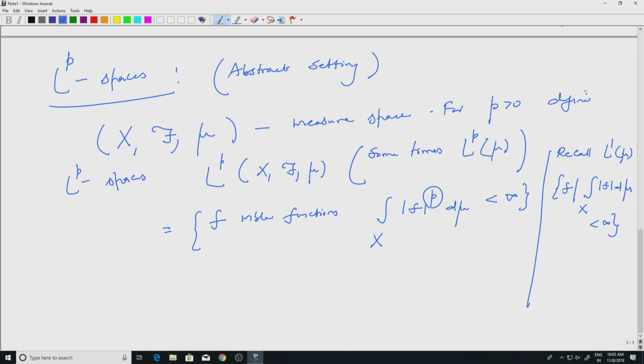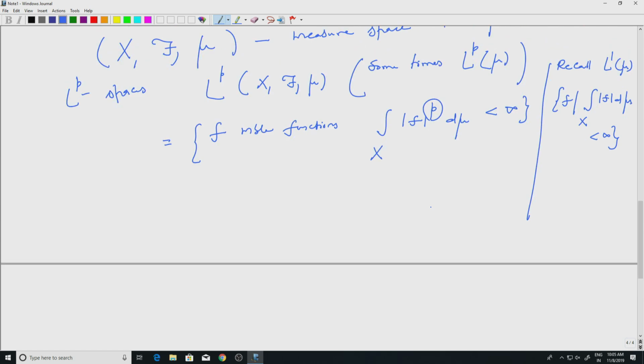So this space is defined as a collection of functions on X, right. So measurable functions on X. So measurability, remember, depends on the sigma algebra you are looking at, right. So you can look at LP of, let us say, the space R with the Lebesgue sigma algebra and the Lebesgue measure. Well, what would this be?